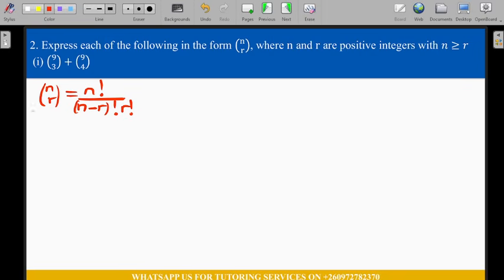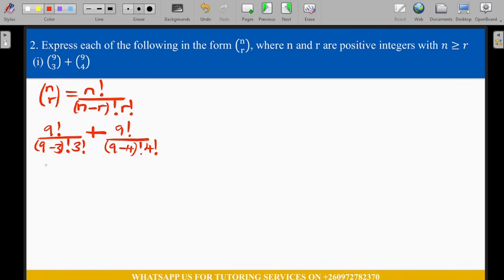We start with 9 combine 3, so it becomes 9 factorial over 9 minus 3 factorial, 3 factorial, plus 9 combine 4, which will be 9 factorial over 9 minus 4 factorial, 4 factorial.